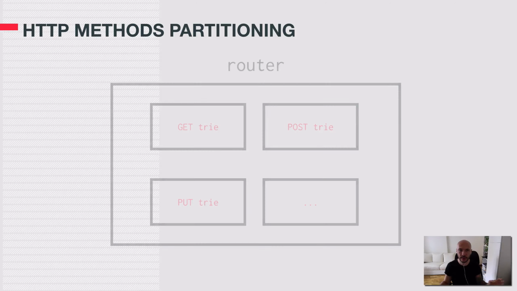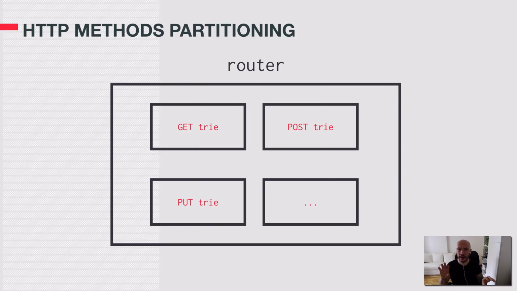So I started to partition the routes, not just have a gigantic trie, but to have multiple tries partitioned by the HTTP method that they respond to. So there is a trie for get, a trie for post requests, and so on and so forth. So we have several tries inside here.